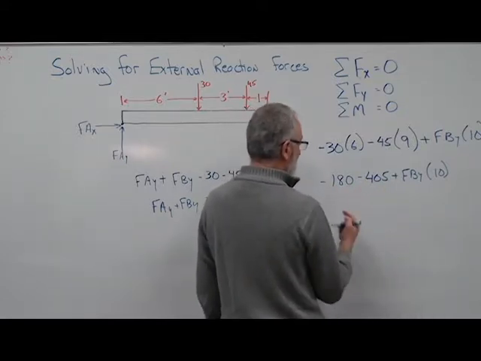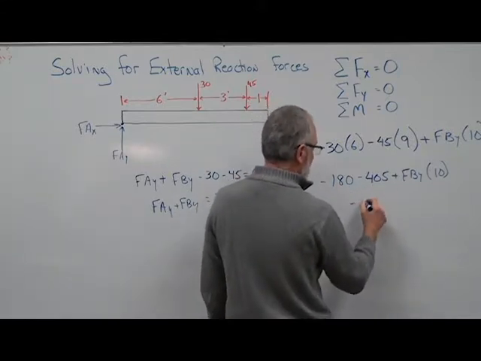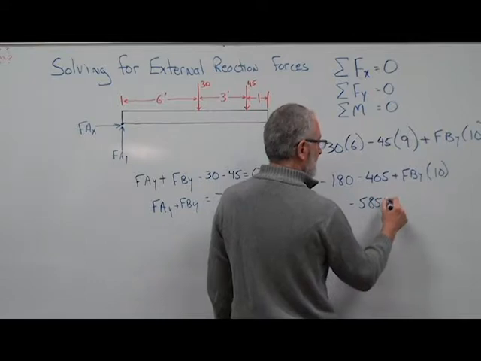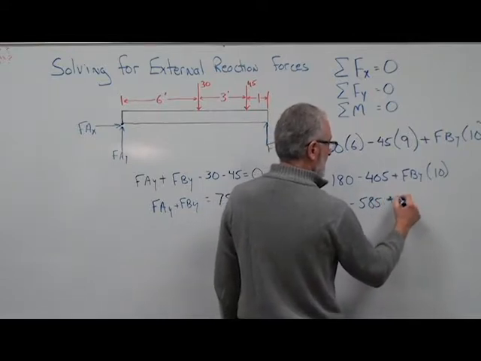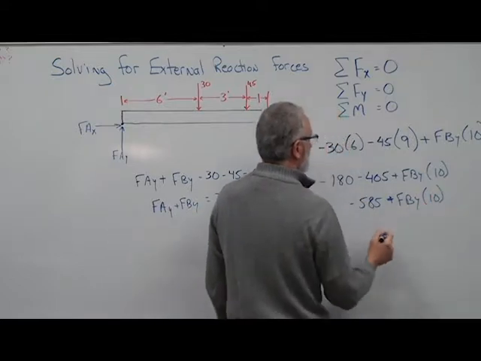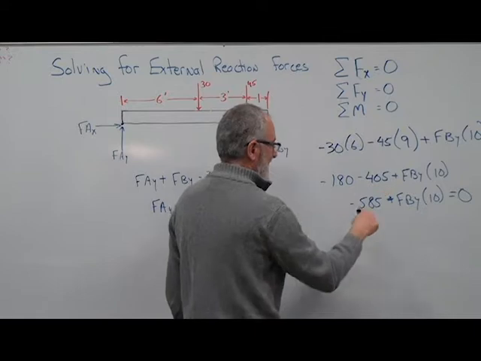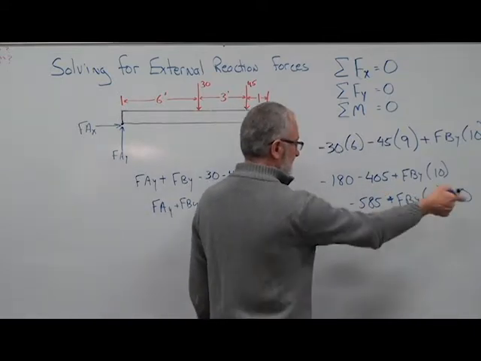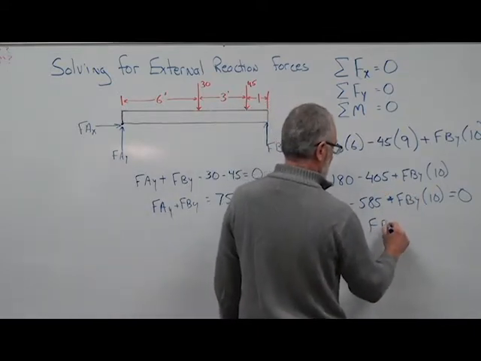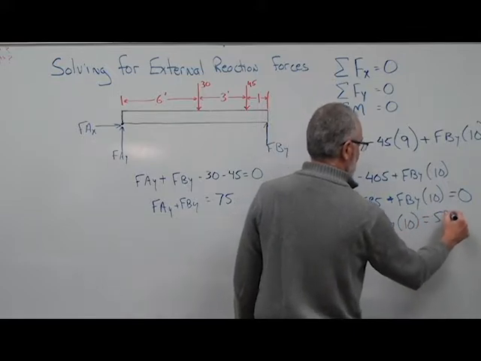So minus 180 minus 405 is minus 585 plus FBY times 10. All this has to equal 0. So now I can add the 585 to both sides to simplify, and I get FBY times 10 is equal to 585.